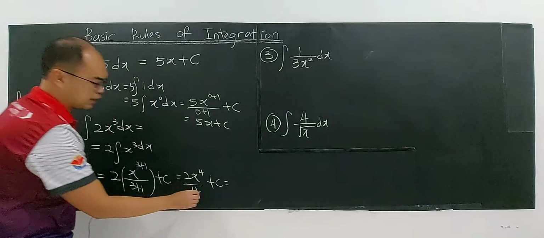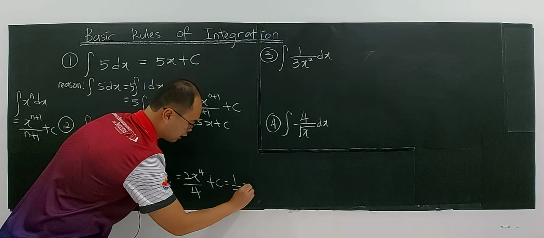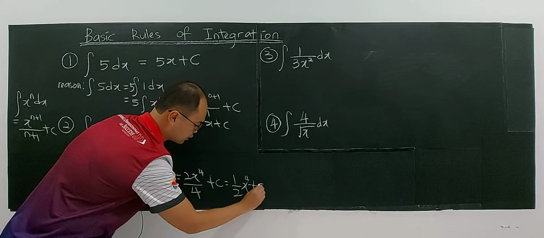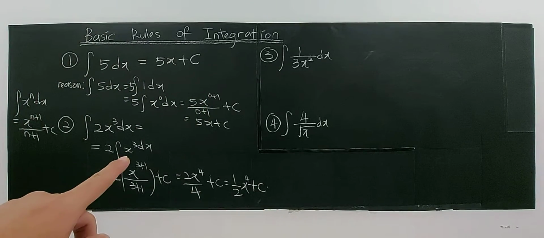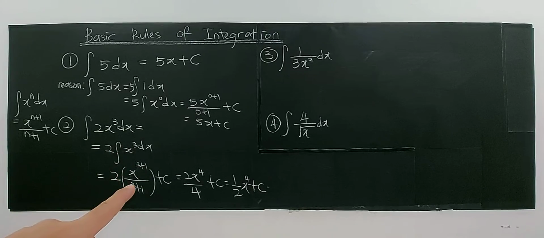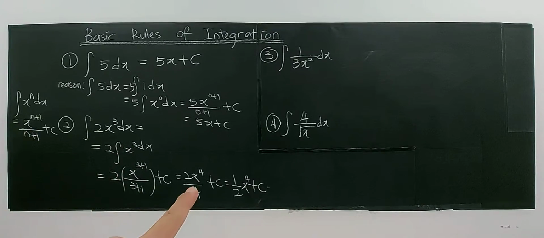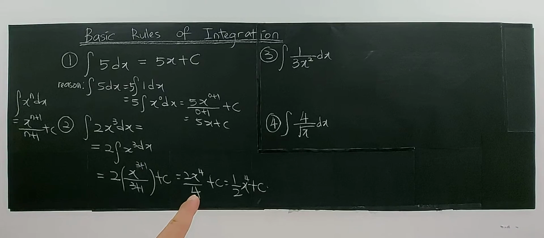Finally, simplify: you get 1 over 2 x to the power of 4 plus c. As simple as that.